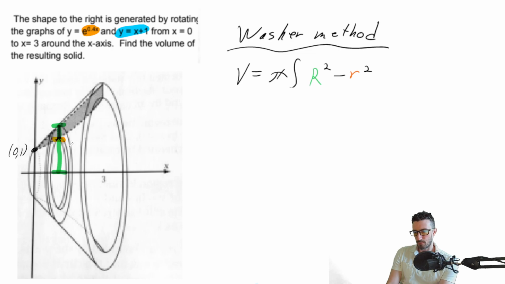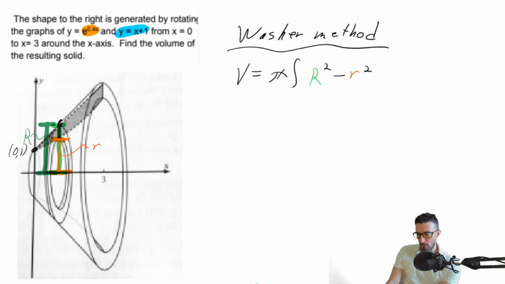You're only going up to where the hole of that washer would be. So this smaller distance here, that would be your inner radius, and the larger distance, that is going to be your outer radius. We're going to use a capital R to indicate that one.